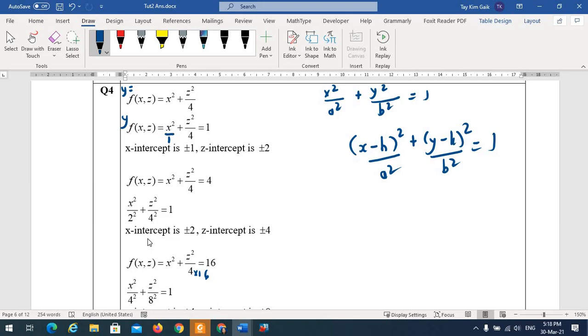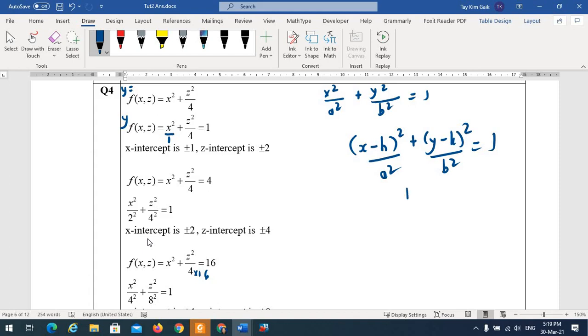This is an ellipse, no? H and K. X equal H, y equal K. If you have here x minus h squared plus y minus k squared, so your ellipse is centered at x equal h, y equal k. But luckily yours has h and k equal 0. That's why your ellipse is centered at 0, 0.